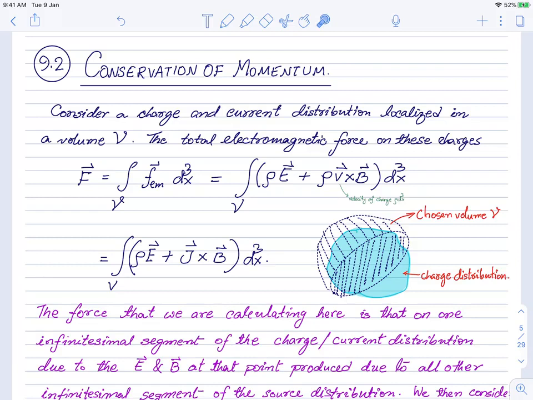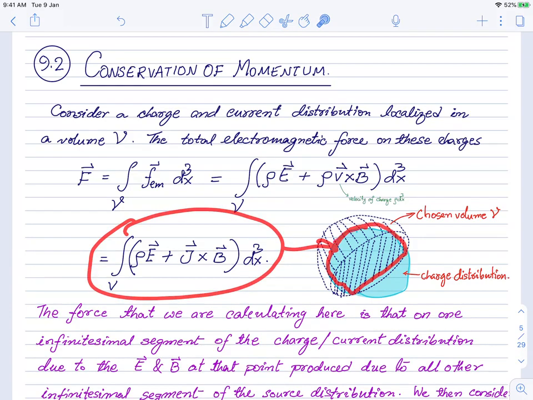Let's say we have a charge distribution like this, which is colored here. This is the entire charge distribution. We can select a volume which is a part of this charge distribution, this filled hemispherical region, let's say. This is the volume V, and we can integrate over this volume. Then this expression is going to give us the force only on the charged objects contained within this volume.